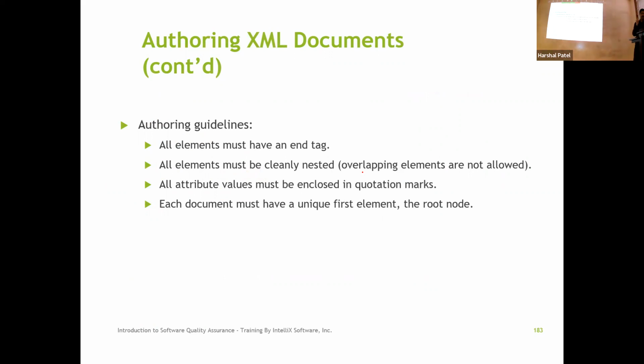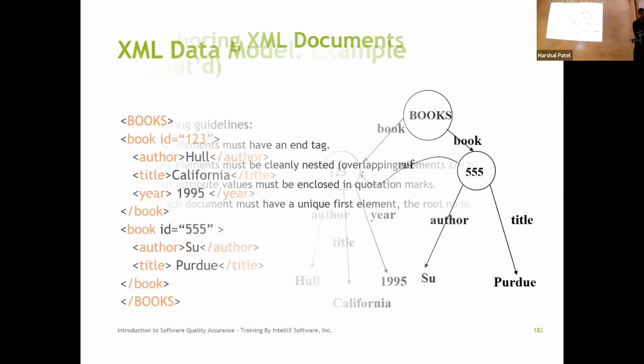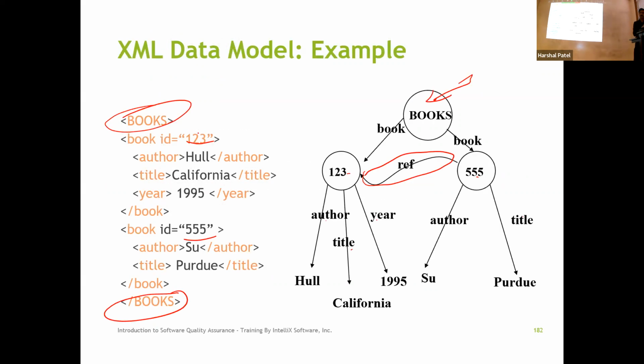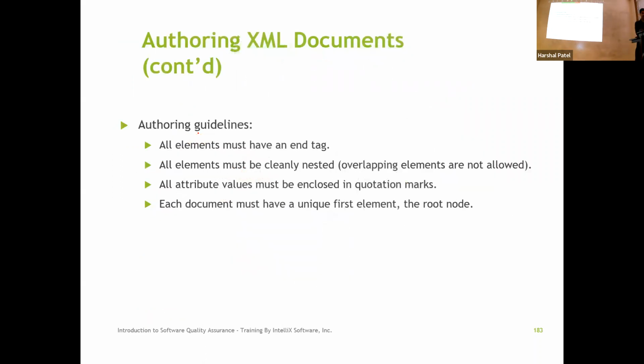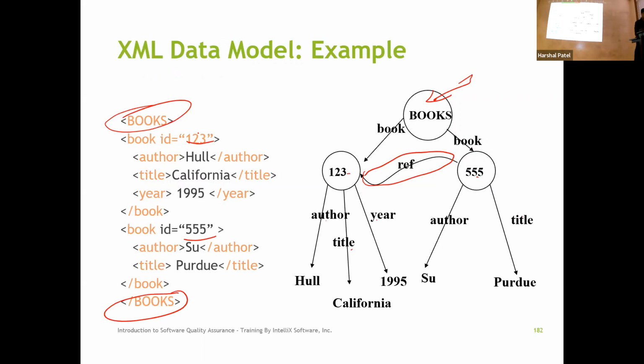If I'm putting anything as an attribute, so for example, if I put it here, 1, 2, 3, those things have to be in quotes. And then each document must have a unique first element called the root node. In this case, books is the root node. So the root node, whatever it is, cannot repeat more than once in that document.